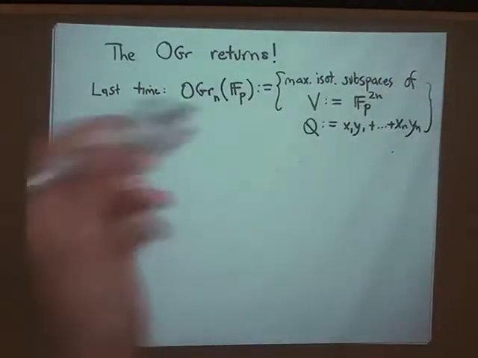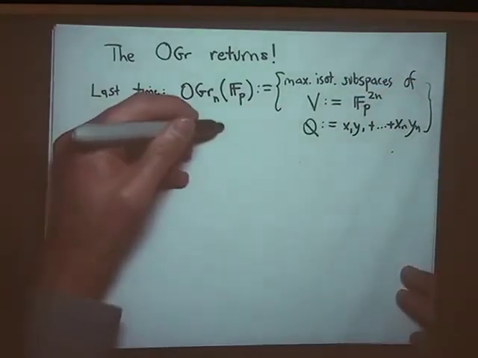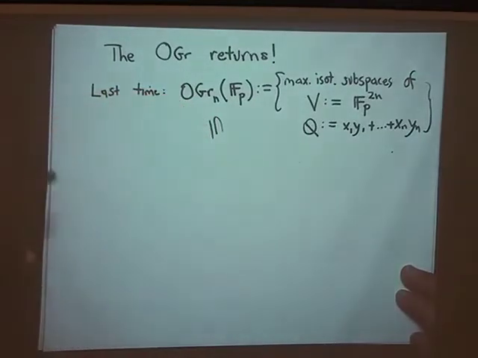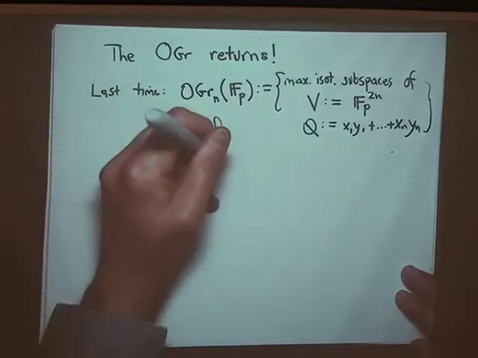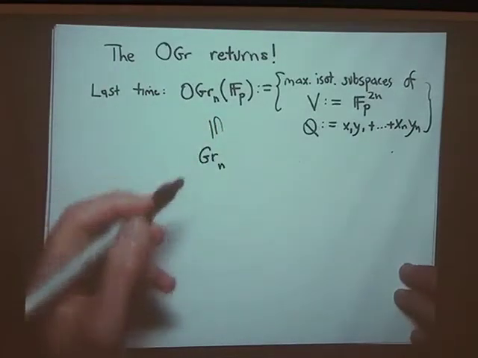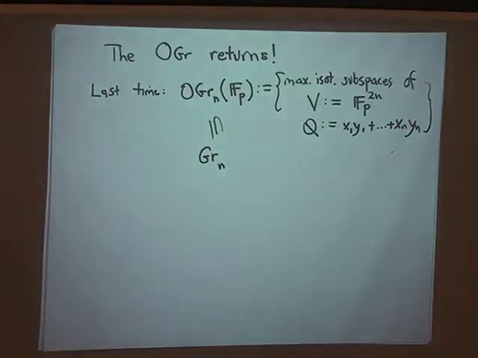And so far it was just a set. You can think of this also, if you want to, as a subset of the points of the Grassmannian. The Grassmannian is a variety that classifies subspaces of a vector space. You start with a fixed vector space and count how many subspaces there are of a given dimension.